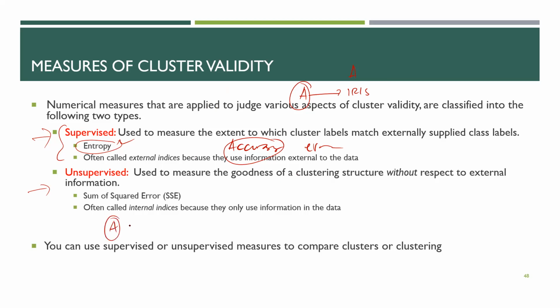We cannot compare with the class because it is unsupervised. So here we can use some cluster validity measures, for example, sum of squared error or other cluster validity measures. Okay, so we focus on unsupervised data, for the real data, for example.